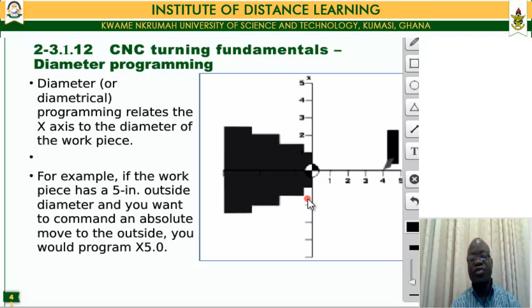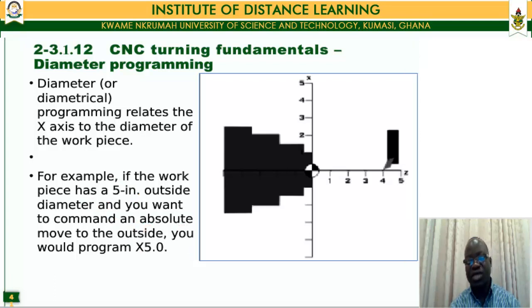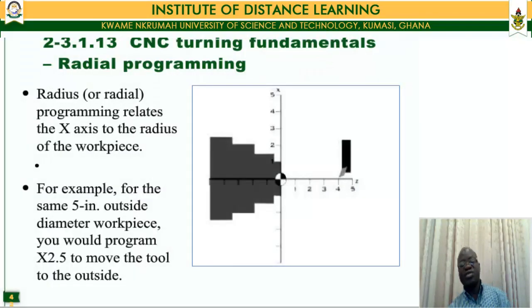So if we program for diameter, then let's use this as an example. Then if the workpiece has 5 inches outside diameter, and you want to command the absolute movement to the outside, you will program x equals 5.0. That is, you are using the diameter program, and then you are giving x equals 5.0. And the system will see it as the diameter already. But if it works with radius, it will just split it and come down with the radius.